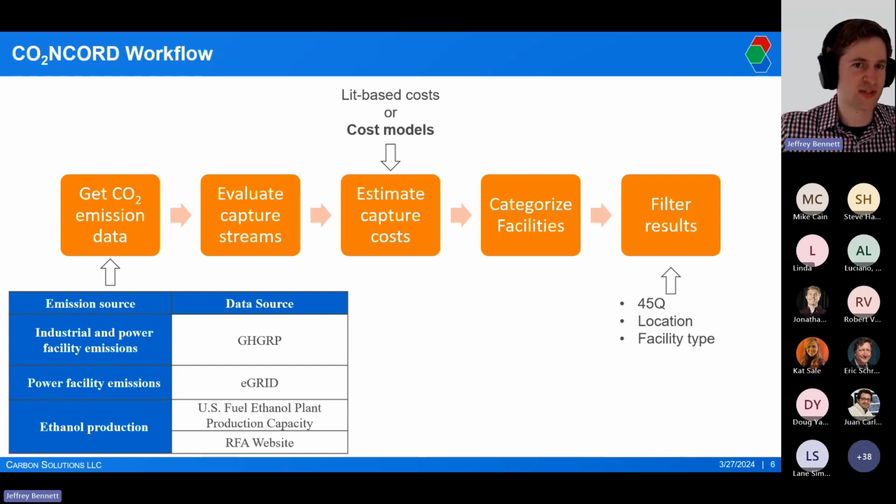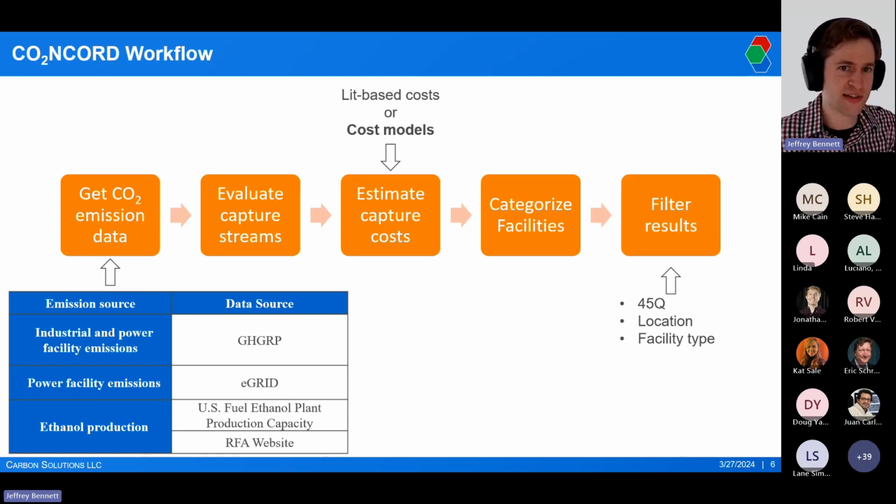We're just using the information to make general observations of, for this type of facility, these types of emissions often get grouped together. So we'll group different types of emissions together. And then once we have these into streams, now we have information on the amount of CO2, some properties of that CO2, and then we can do some estimating of the cost. So that's the next step.